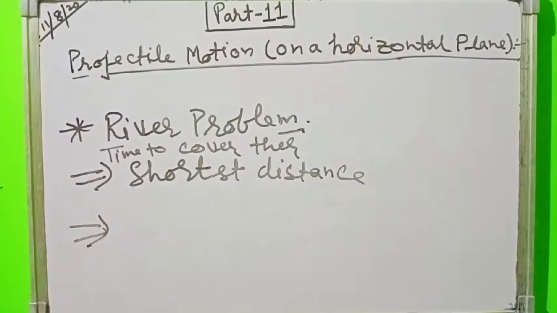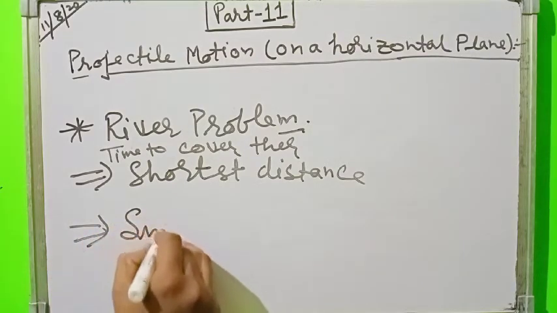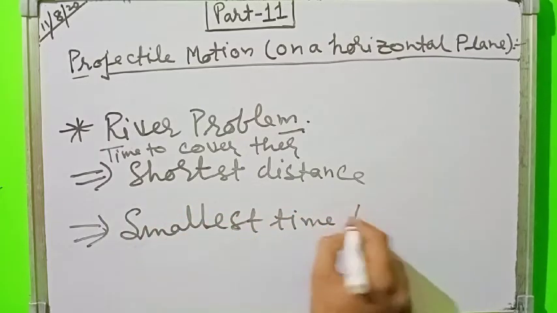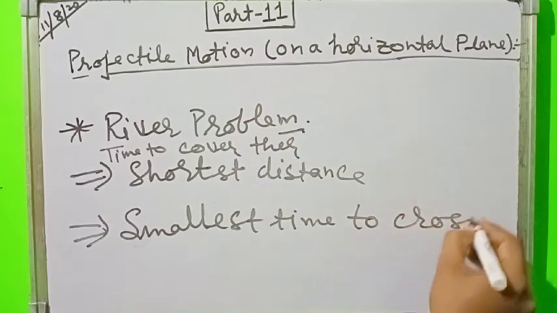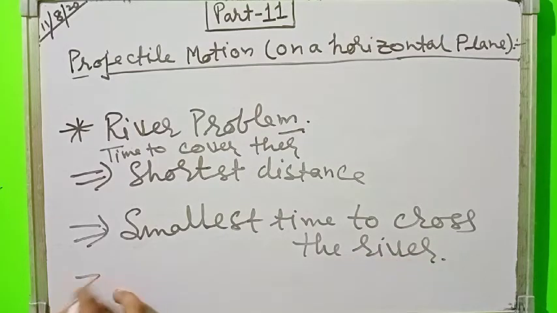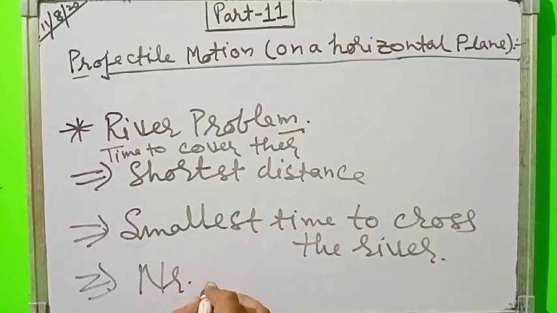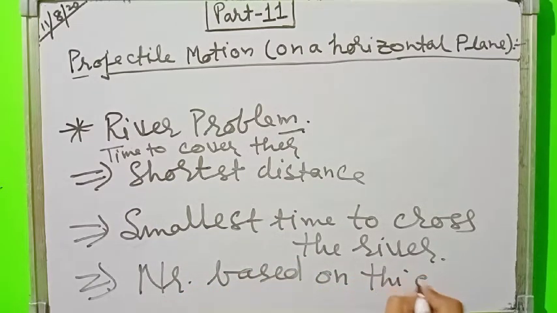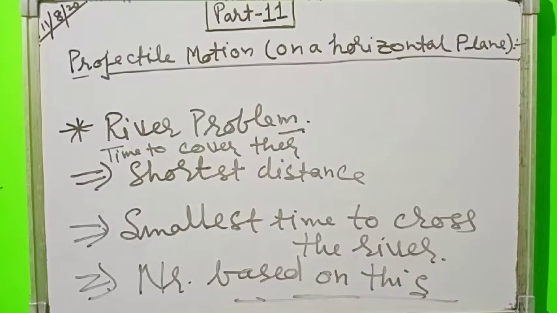Then we discussed the smallest time to cross the river, and then numericals based on this. These things we discussed in the previous video, that is part 10 on motion in a plane.